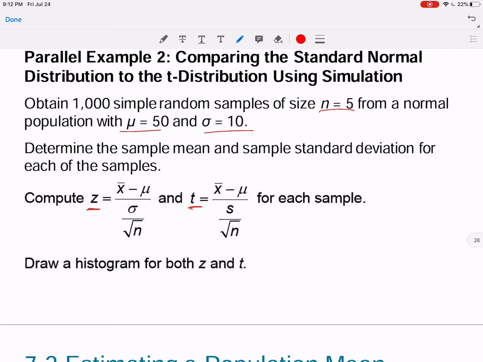Determine the sample mean and sample standard deviation for each of the samples. So since sample size is 5, right? And we have 1,000 samples. So as what I mentioned before, 1,000 different samples will give us 1,000 different sample standard deviations. Now let's take a look at the difference between this standard normal distribution and this t-distribution.